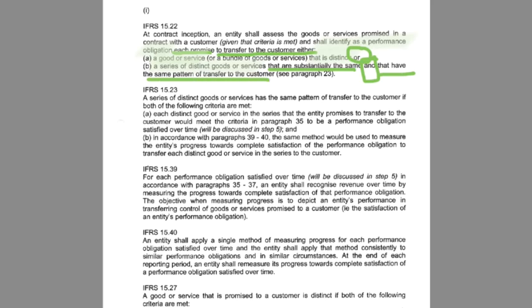So the first word that I saw is this word distinct. What does distinct mean? Well, that is explained later on in paragraph 27.